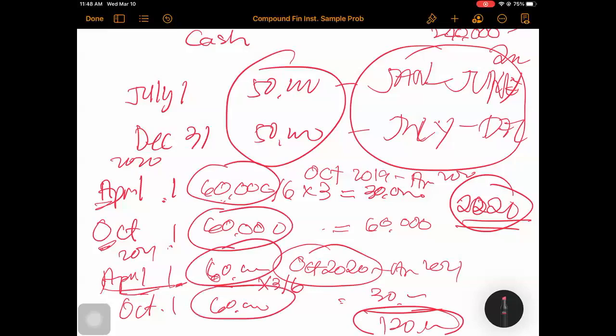But what if they are not equal? When we say interest expense, we are referring to the interest already incurred regardless of when it is paid. So the answer is all the interest incurred for 2020.